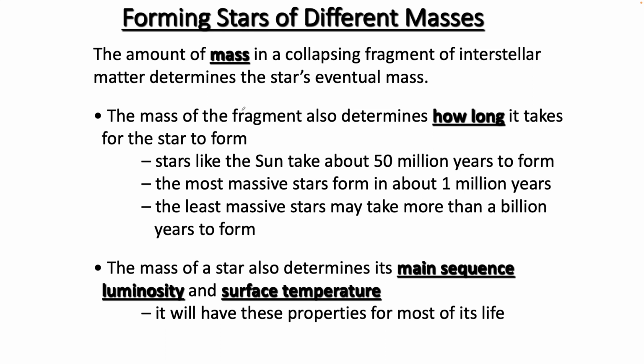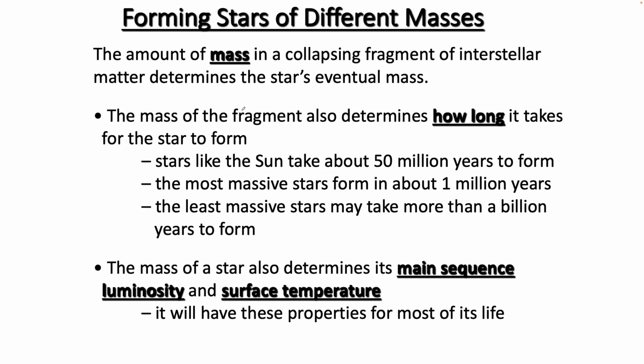Now, for example, if you take a star like the sun, it takes about 50 million years to form, right? Now, the most massive stars form in about 1 million years, right? So the least massive stars may take more than 1 billion years, right? Like that.